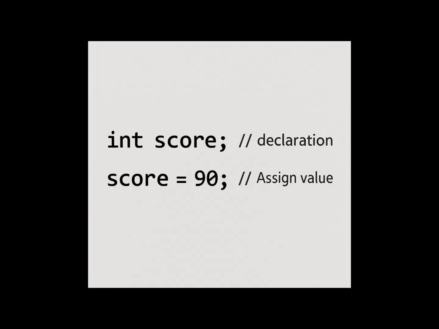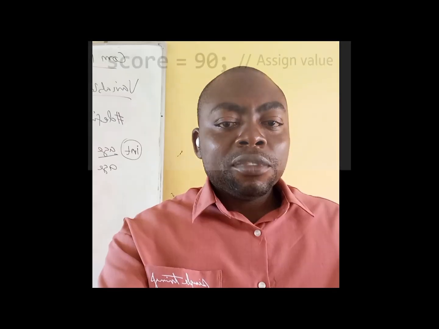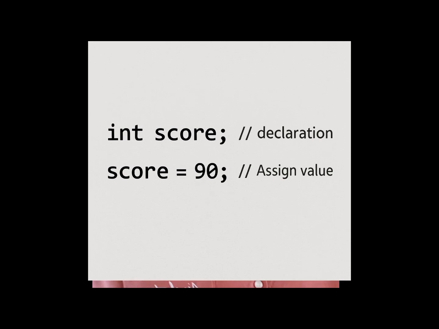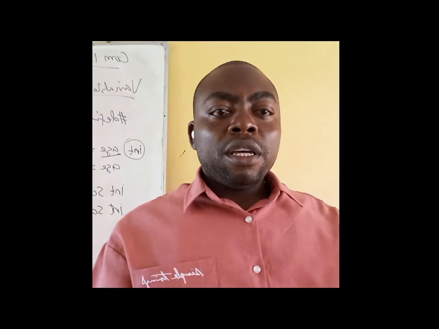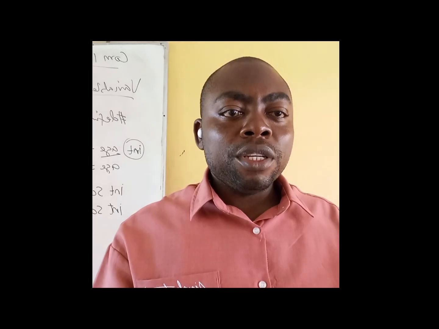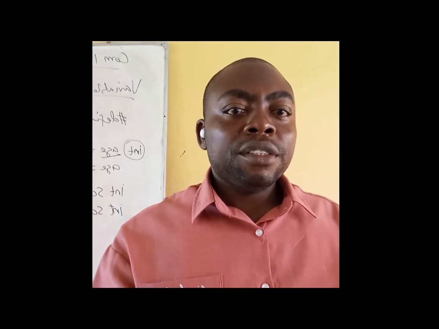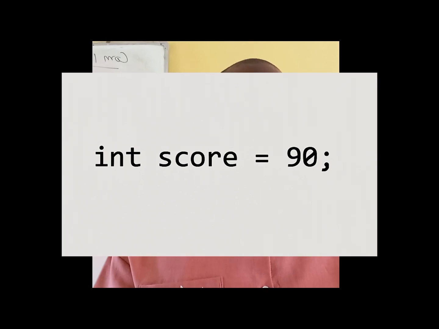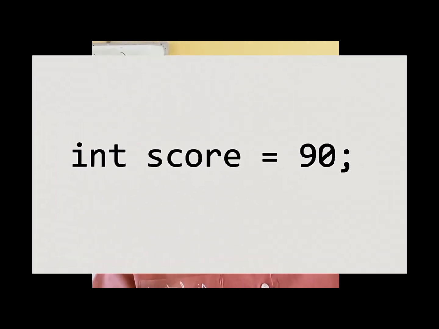At that moment, you declared and used it at the same time. Let me demonstrate. Look at it here. So when you declare your variable by saying int score equals to 90, as seen there, it means you declare the variable as well as assign a value to it.